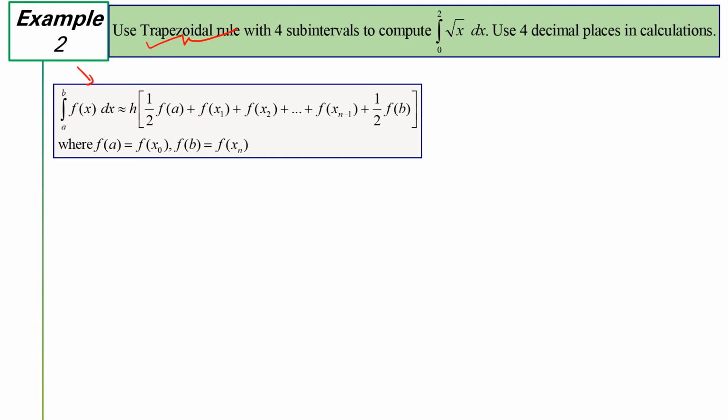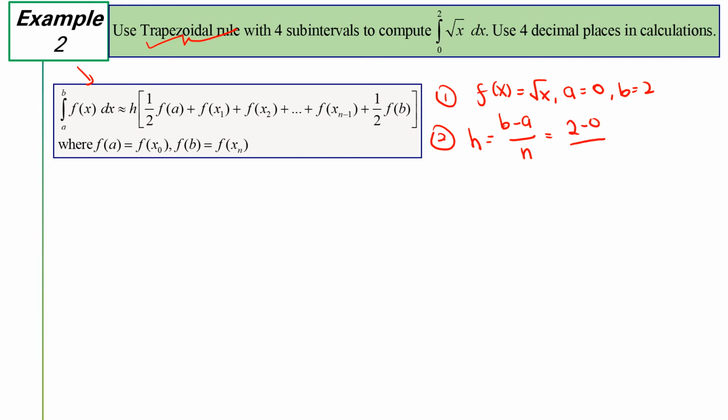First of all, same as the midpoint rule, you have to know what f(x), a and b are. For the first step, f(x) is equal to the square root of x, a equals 0, and b equals 2. For the second step, you calculate h. h equals (b minus a) divided by n, so 2 minus 0 divided by the number of subintervals, 4. So you get 0.5.